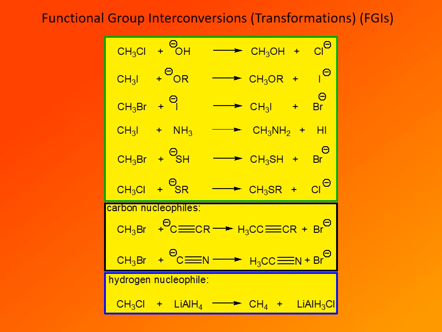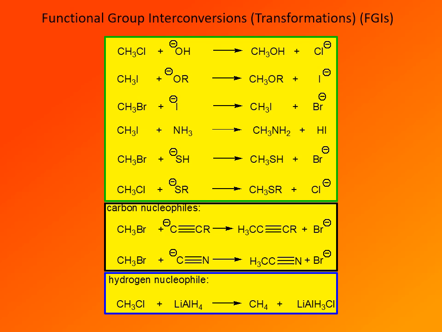So these reactions listed here are some of the most common SN2 reactions. You may want to pause the video here and examine them in detail. So you can see that alkyl halides with a reasonably good leaving group, chlorine, bromine, or iodine, readily react with a variety of nucleophiles to give corresponding products.